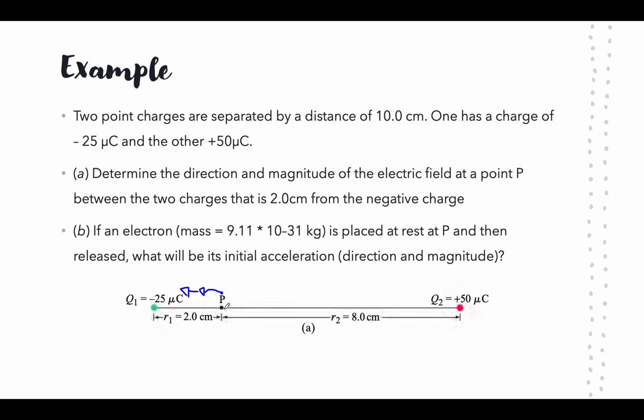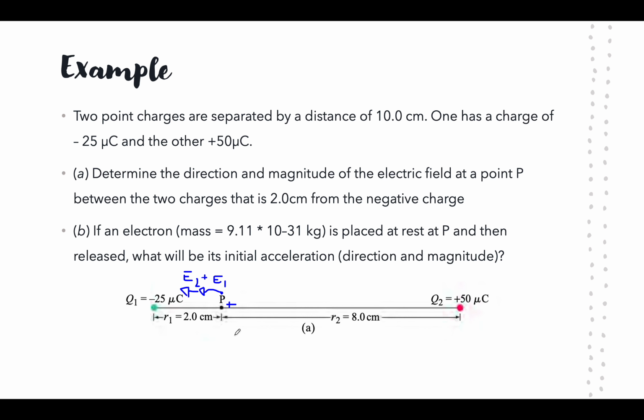Because if we place a positive test charge here at point P, then it will feel a repulsion from this positive charge and it will feel an attraction from this negative charge, right? So we already know that the direction would be to the left. And the magnitude of this total field will be the sum of the electric field due to charge 1 plus the electric field due to charge 2.